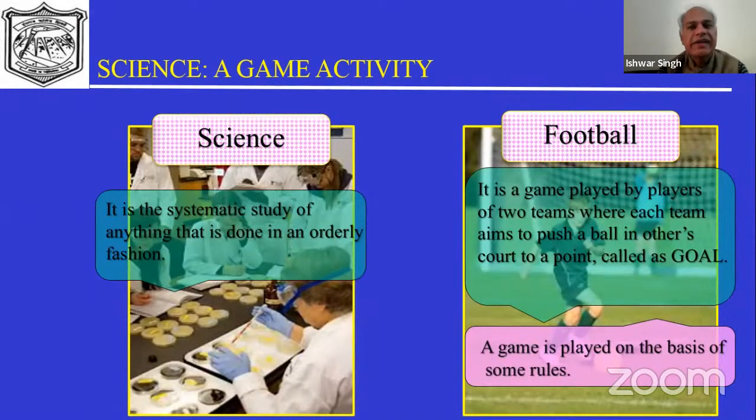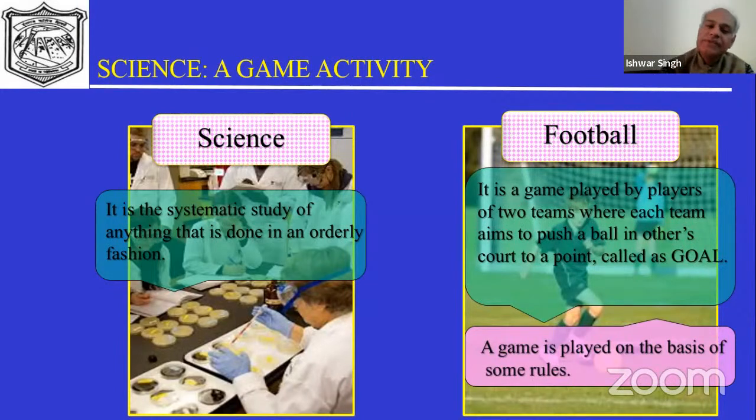Can you cite any example where such rules are not set beforehand? No, sir. So you will always find some set rules, and then the activity is performed as per those set rules.